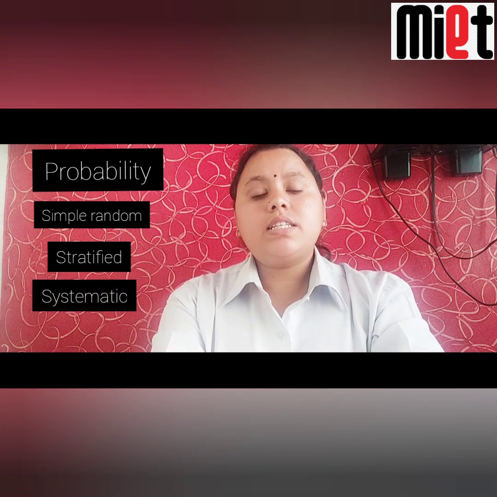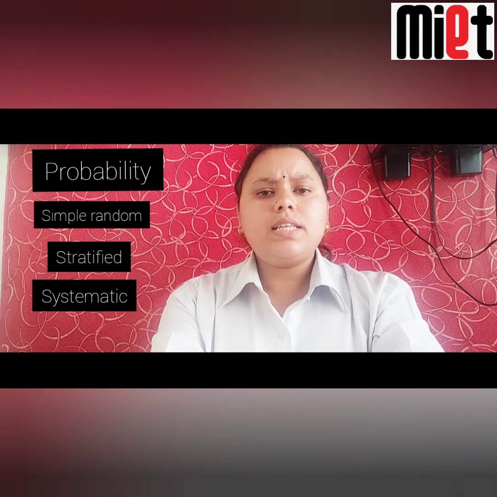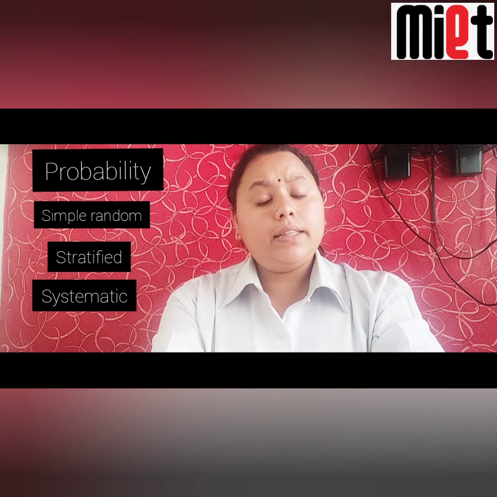The second one is stratified random sampling. Under stratified random sampling, the entire population is divided into groups and then simple random sampling is done independently from each group. The third one is systematic sampling. Under systematic sampling, the first sample is chosen randomly and then there is an equal interval between two samples.